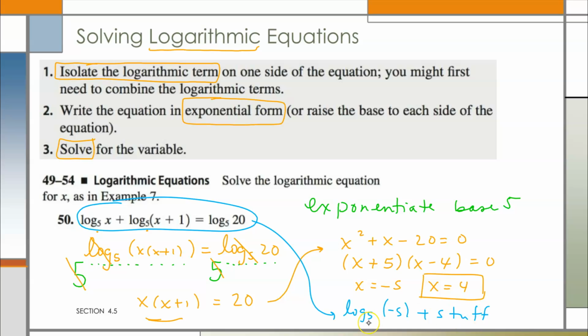Since it's a logarithm, remember your domain of logarithms. You can't plug in 0, and you have to plug in positive numbers. So this is out of the domain of a logarithm, and it will not produce a solution. What's our answer? x equals 4.